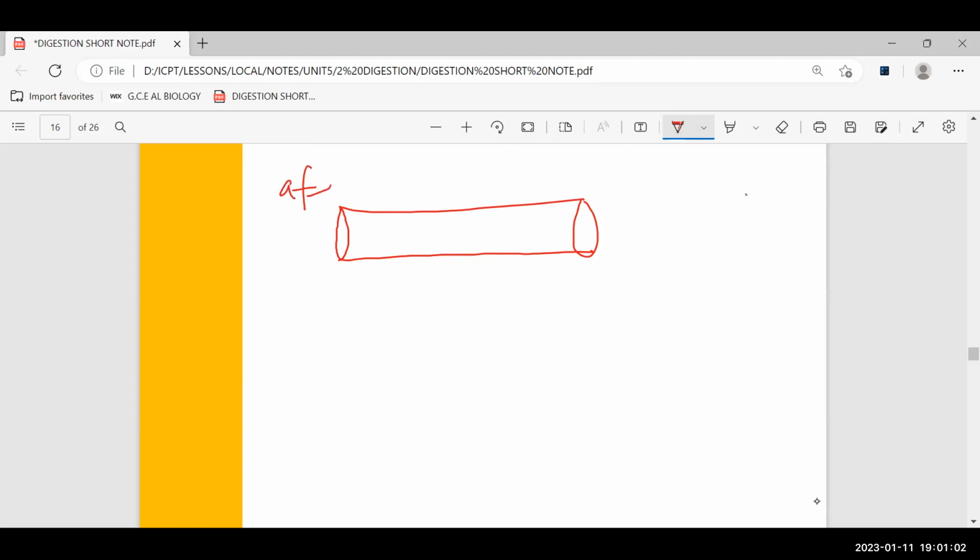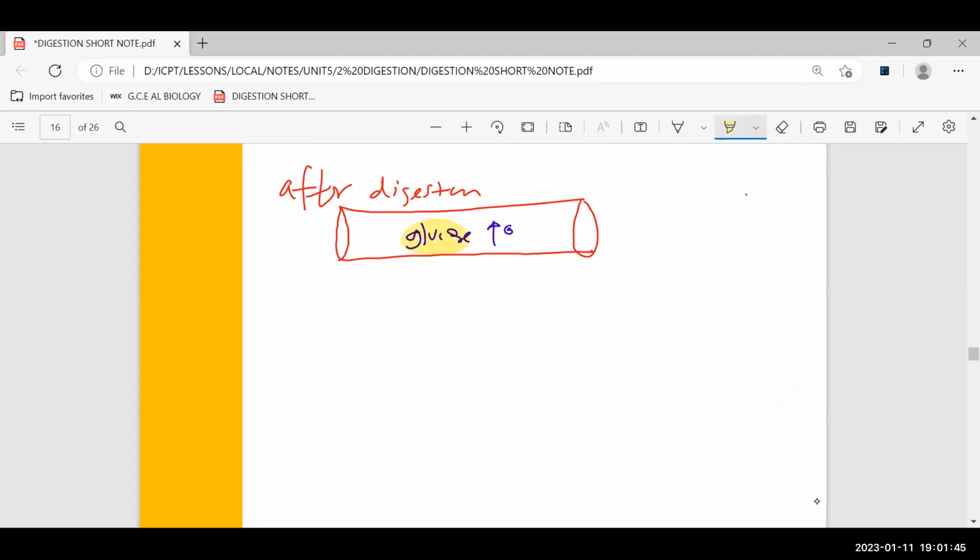Now after digestion of food, blood glucose level increases. Now, almost all cells of the body depend on glucose. Glucose is the main energy source of the body.